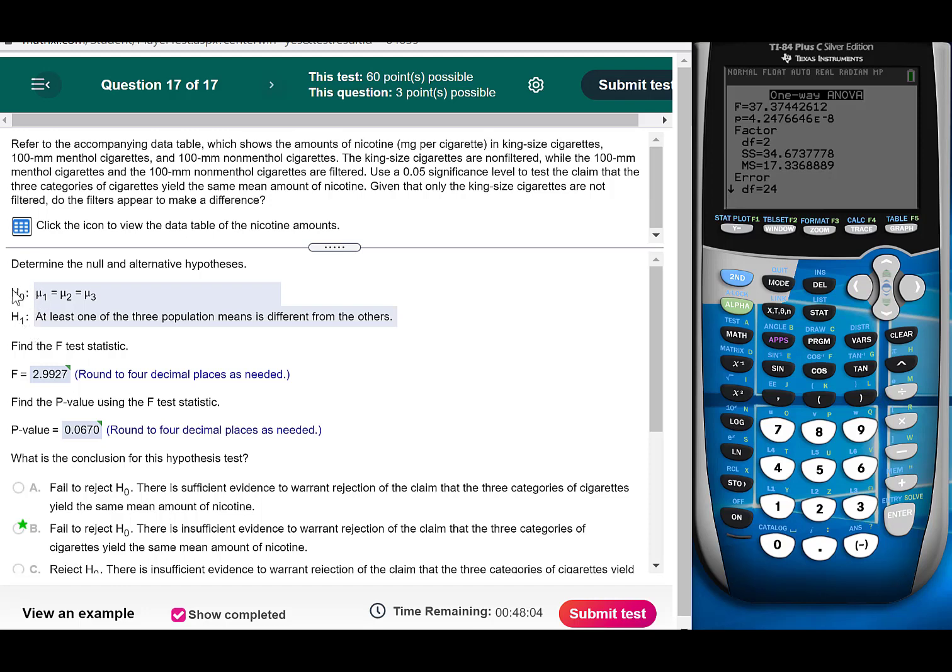Because if HO is bad, guys, and your claim is in H1, then H1 must be good. They can't be both bad. If one hypothesis is bad, the other one must be good for sure. And if you fail to reject HO and the claim is in H1, you say that there is not enough evidence to support the claim. That concludes the review for the test.